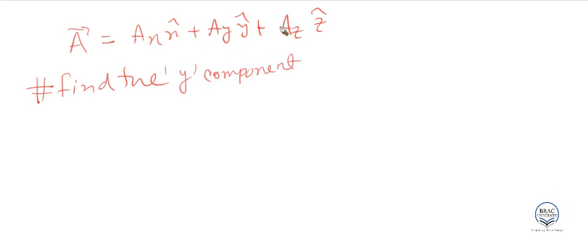Now you can easily see from this expansion that this is just ay, right? But the formal way to do this is to dot A with y hat, or you can write it the other way, because the dot product is commutative.